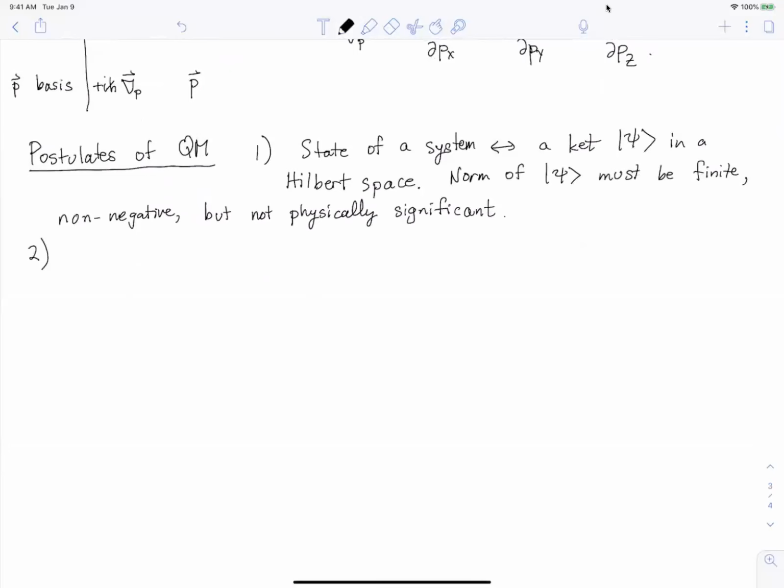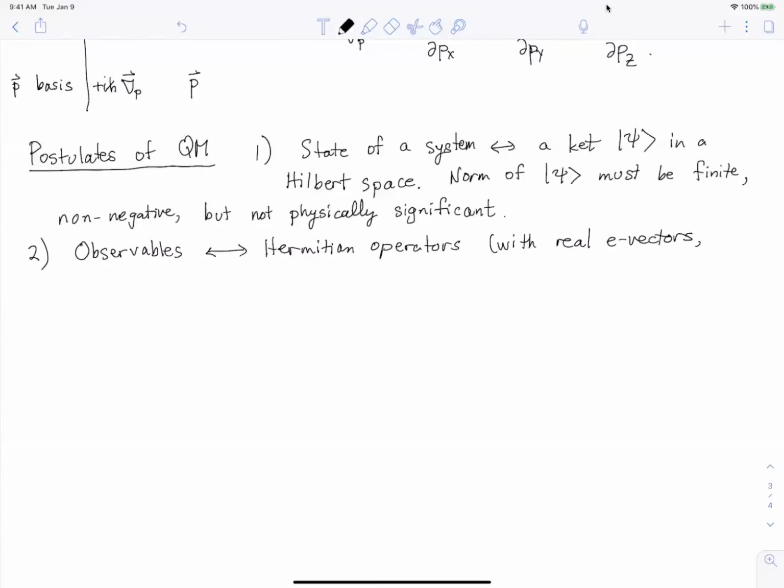Okay, the second postulate has to do with observables, which are things that you can measure or talk about having measured. And observables correspond to Hermitian operators on the Hilbert space. So that means we proved that they have real eigenvalues. And if it's finite dimensional, the eigenvectors can also be chosen to be an orthobasis.